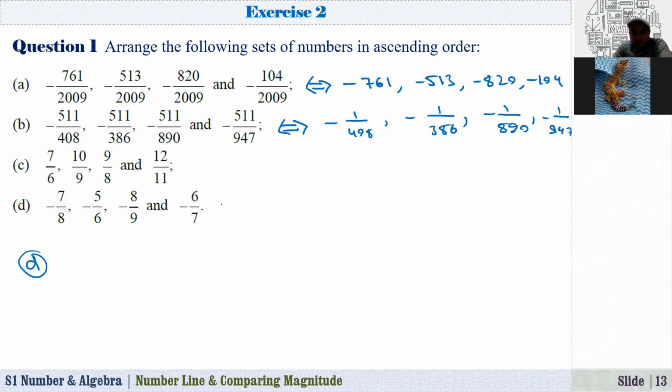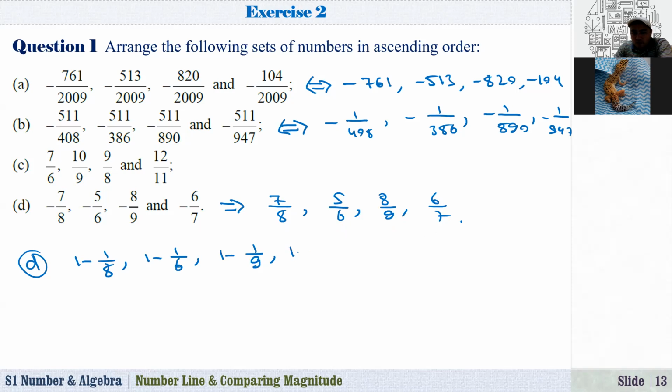So first, let me just compare these numbers without the negative signs: 7 over 8, 5 over 6, 8 over 9, and 6 over 7. 7 over 8, I can just write as 1 minus 1 over 8. 5 over 6 is 1 minus 1 over 6. 8 over 9 is 1 minus 1 over 9. And 6 over 7 is 1 minus 1 over 7.